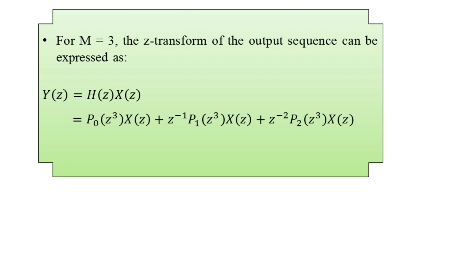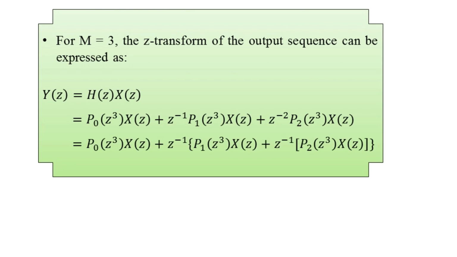So this we can also express in the form P0 of z cube into X of z, further added by z inverse taken as common outside the bracket. Inside we have P1 of z cube into capital X of z added to z inverse. In the bracket we have P2 of z cube into X of z.